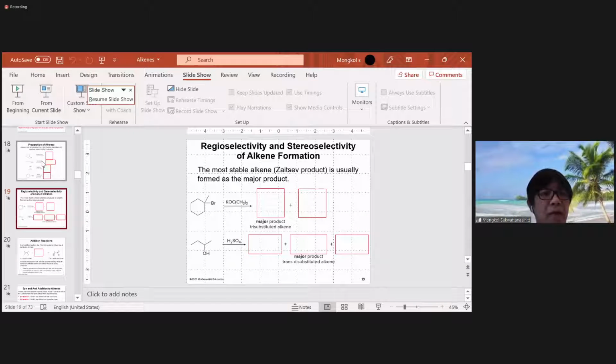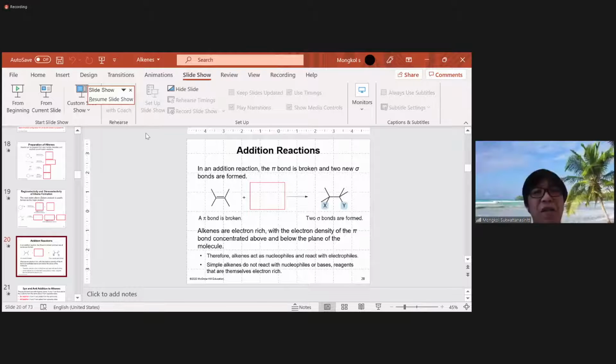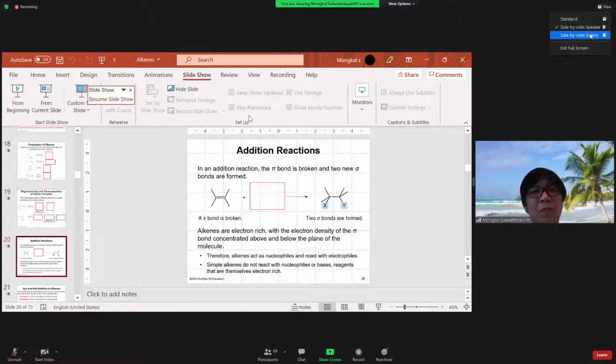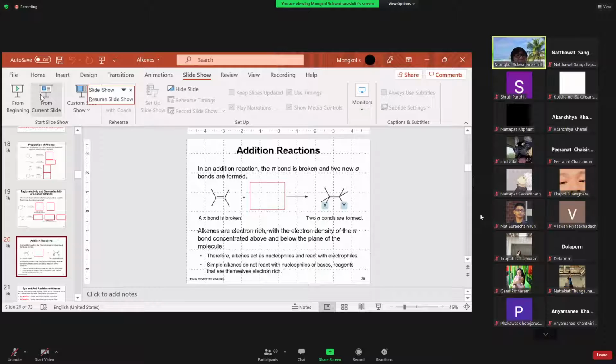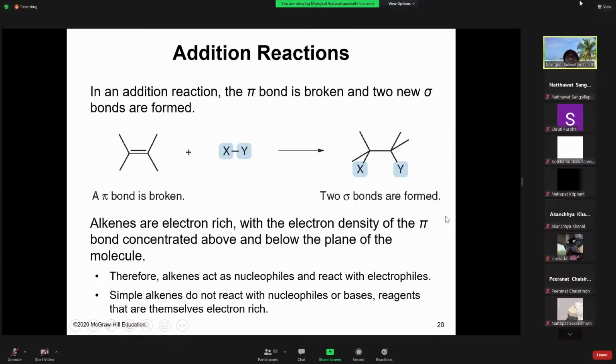Okay, is it coming out? Yes. Okay, sorry. I'm still not very good at this function, right? Okay.